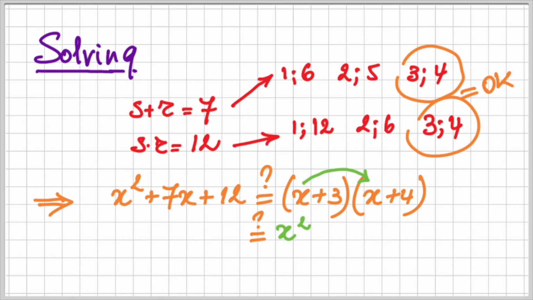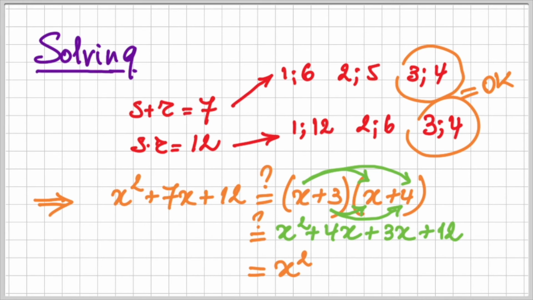So when we look at this, we multiply x with x, which gives us x squared, 4 times x, 3 times x, and 3 times 4, which is equal to 12. And when we now add everything together, we see that we find x squared plus 7x plus 12, which is what we had to prove, or quod erat demonstrandum. So QED means that we have proven that those two are equal.